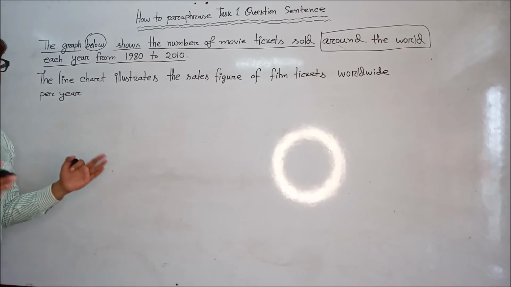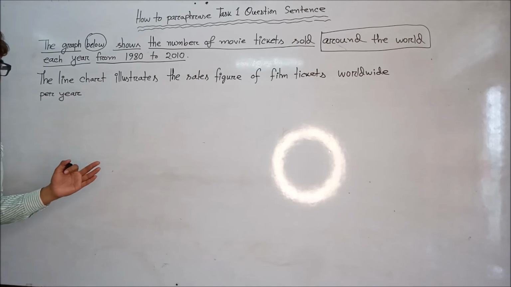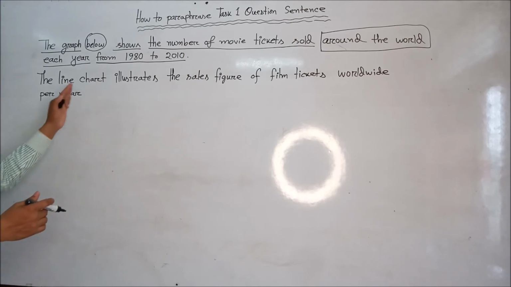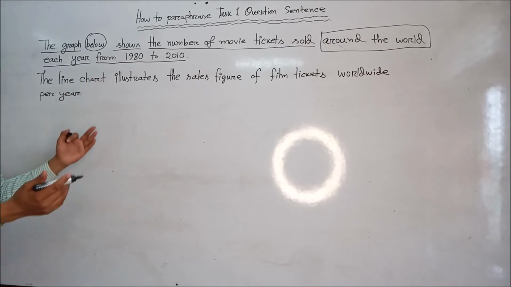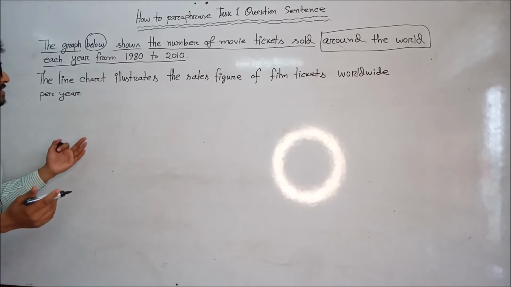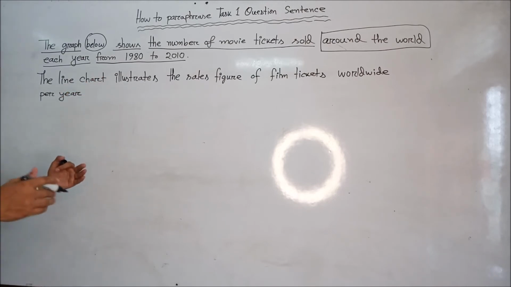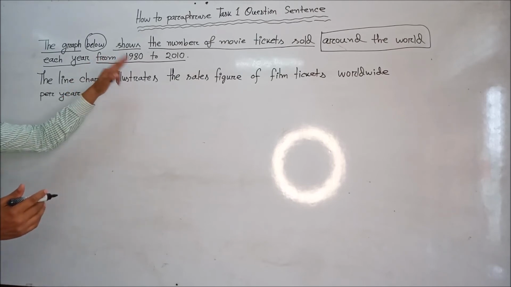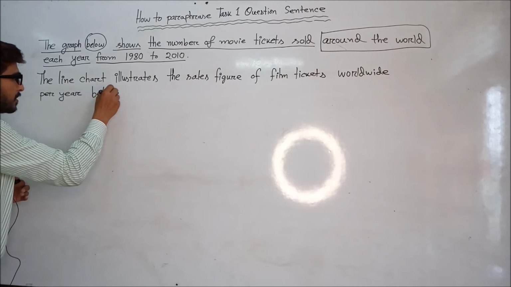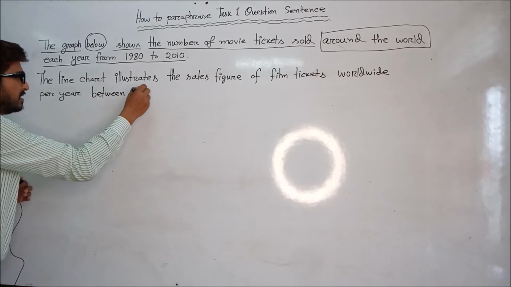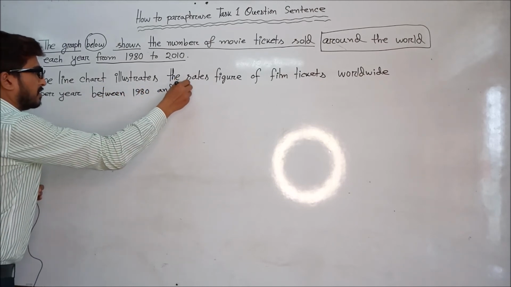You can also say for 3 decades, because 30 years covers 3 decades. So you can write down for 3 decades. It is also possible to come up with a different phrase. For example, you can say between and. If you have from one year to another year, you can write down between 1980 and 2010.